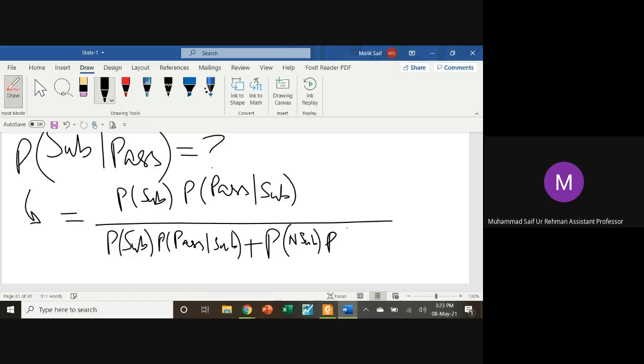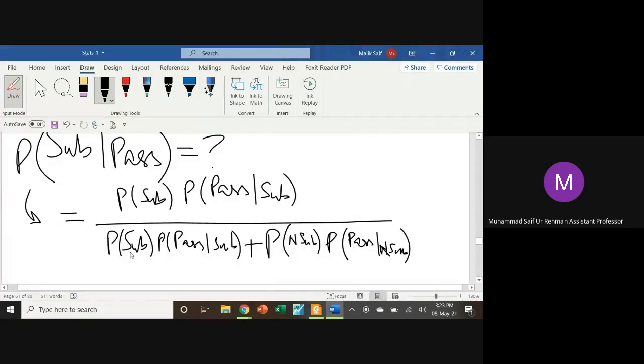And the probability that he passed the examination, given that not submitted. So here you can see submission, pass. No submission, but even then pass. So here, given that assignment not submitted, pass the examination. Assignment submitted, yes, submitted, and pass the examination.